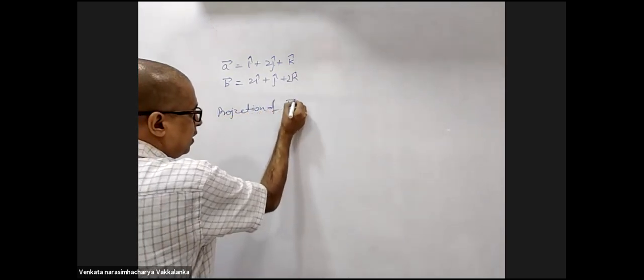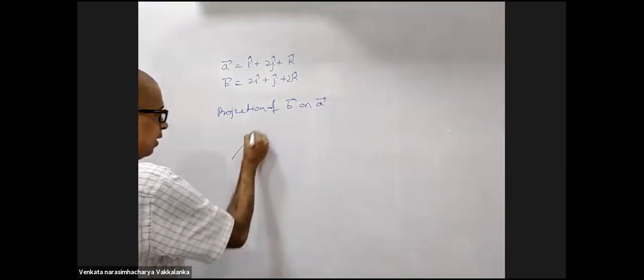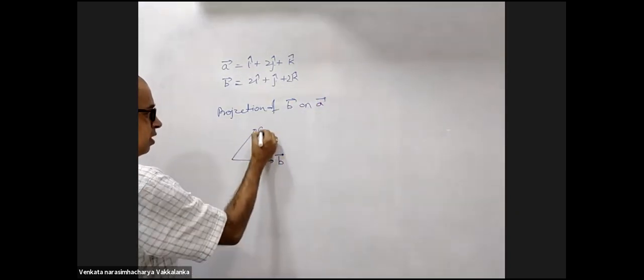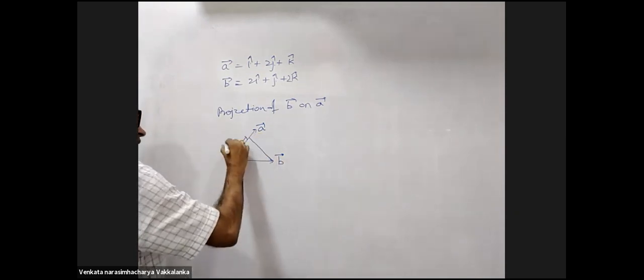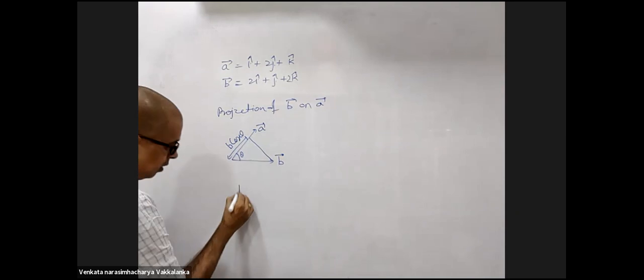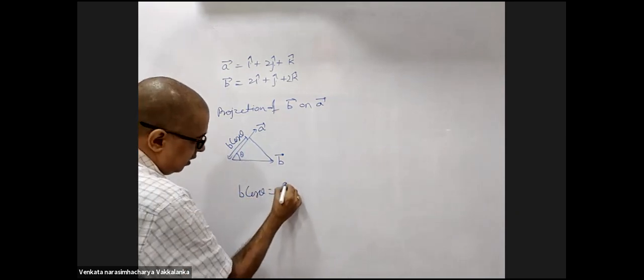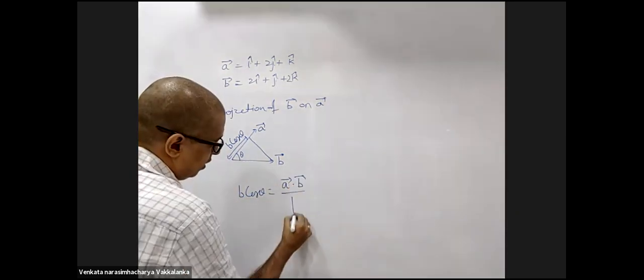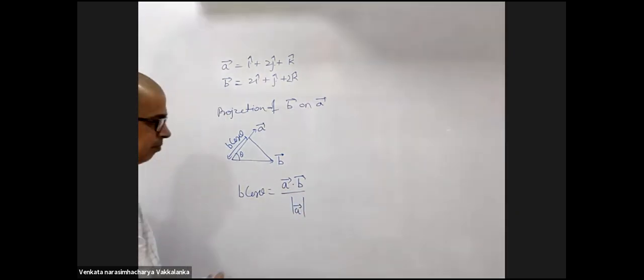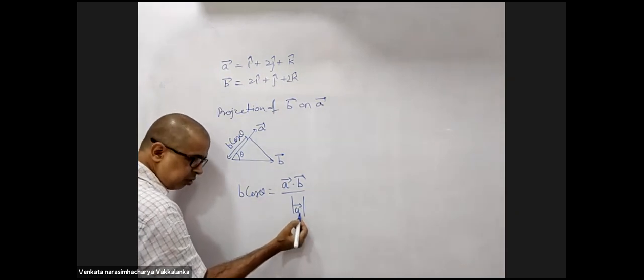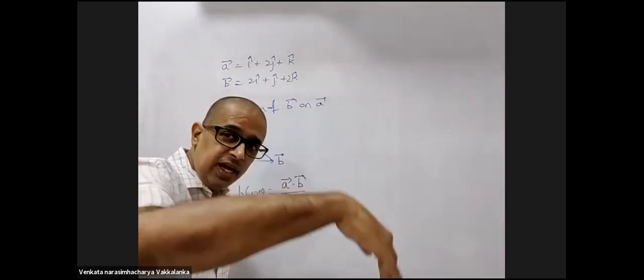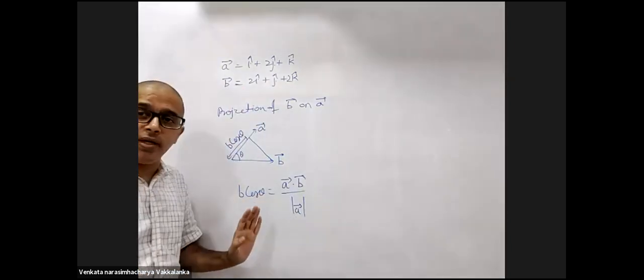This is B, this is A. If this is theta, your requirement is B cos theta. How do I get B cos theta? It is the dot product divided by the magnitude of A. So whenever you are projecting B on A, A's magnitude will come here. When you are projecting A on B, B's magnitude will come.